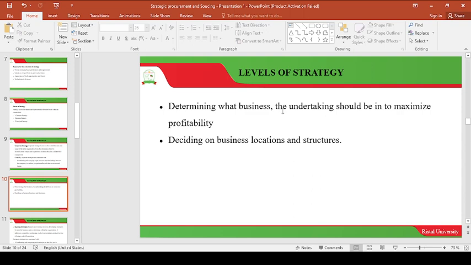Which structures should be put forward for the organization or the company? What location should we put some of our branches, or collaborations? Which area should we collaborate with?